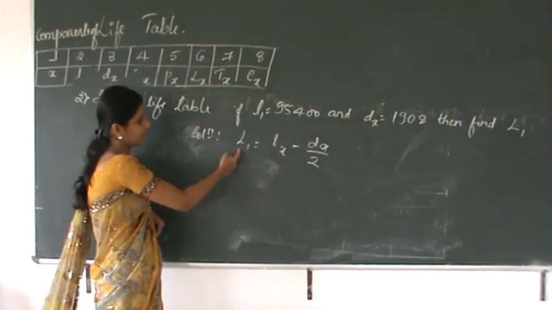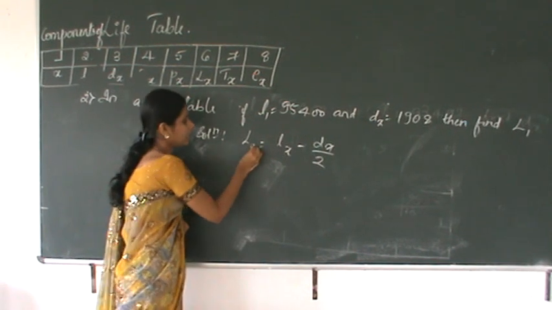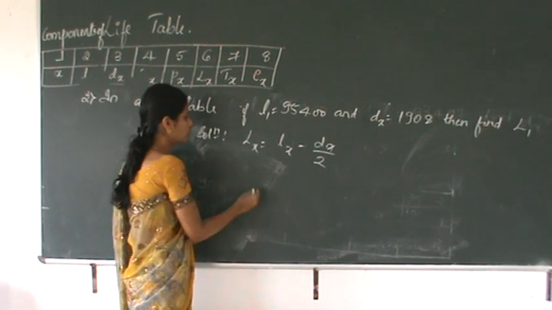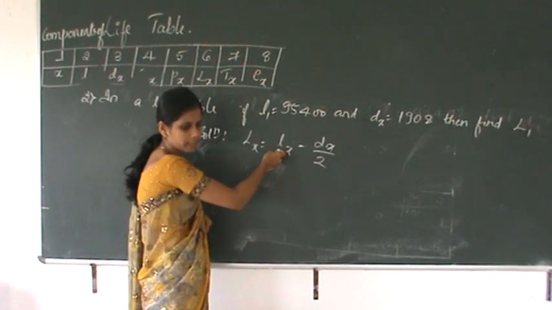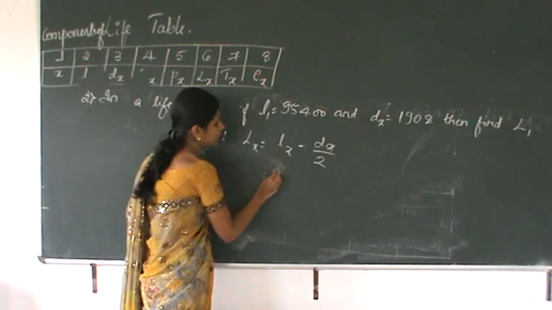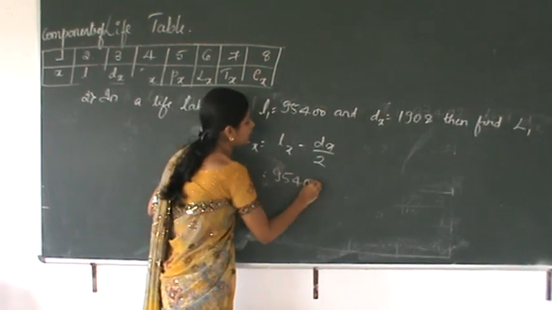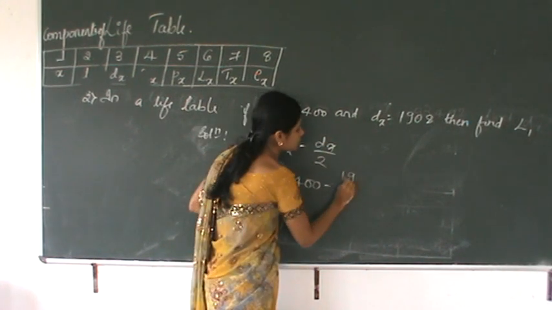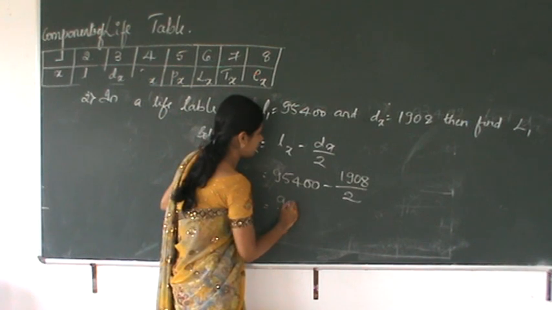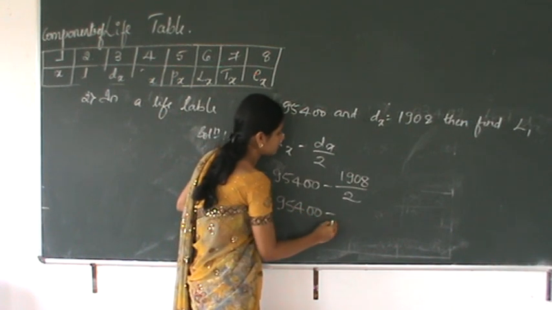The Lx formula is Lx is equal to Lx plus Lx plus 1 divided by 2. Here one more formula is Lx minus dx divided by 2. Lx is given, that is 95,400, minus dx which is 1,908, divided by 2.